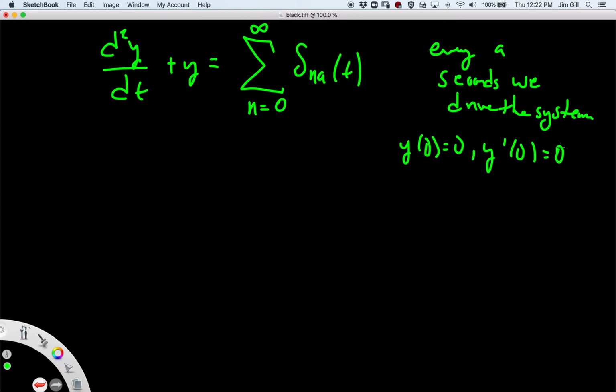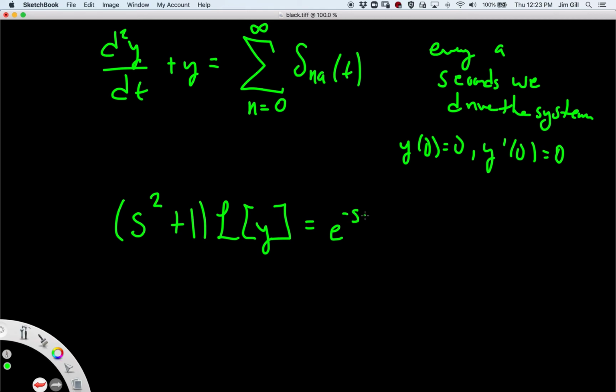All right. So what's going to happen here? Well, this is kind of interesting. The left-hand side is similar to last time. I have s squared plus 1 times the Laplace transform of y. On the right-hand side, we take the Laplace transform of each of these impulses. The first one is e to the minus s times 0 times a.